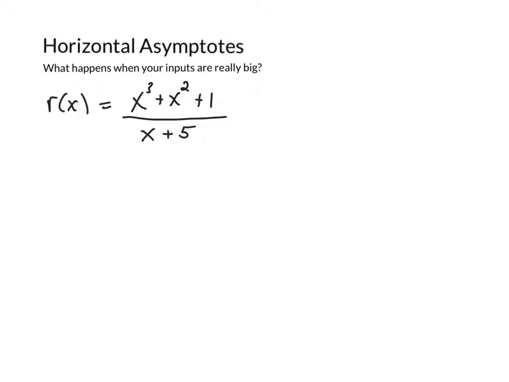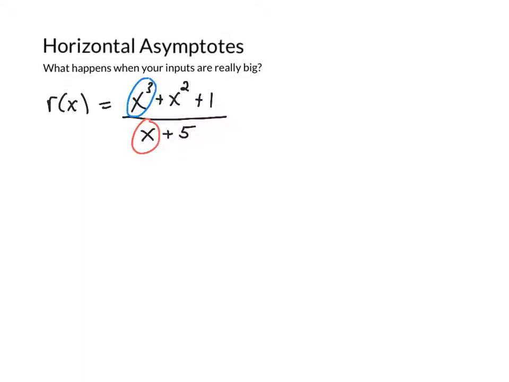All right, so as we did in the other examples, I am going to take a look at my leading terms. So in my numerator, the leading term is x cubed. In the denominator, my leading term is x. So what we'll notice is the degree of the numerator, which is 3, is bigger than the degree of the denominator.